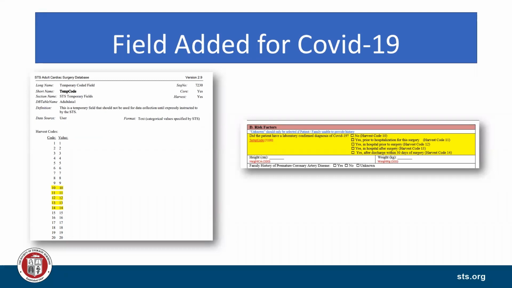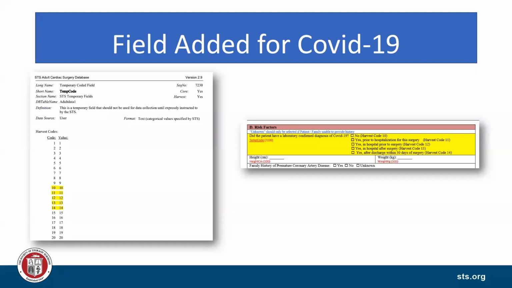In order to code yes, the patient has to have a laboratory confirmed diagnosis, and the choices are no, yes prior to hospitalization for this surgery, yes in hospital prior to surgery, yes in hospital after surgery, or yes after discharge within 30 days of surgery. Your vendor software, your vendors have been notified to add this in. We sent the email that you had all received out to the vendors as well. They have been notified to add these choices in, but this temporary field is still available.